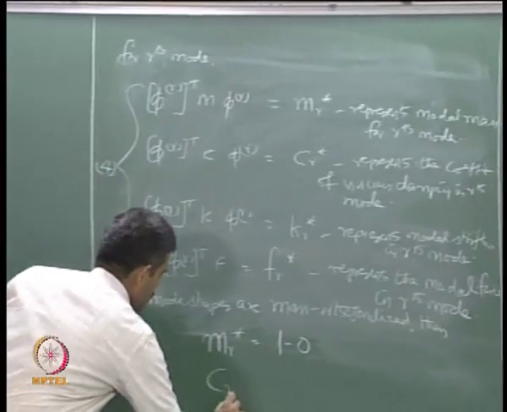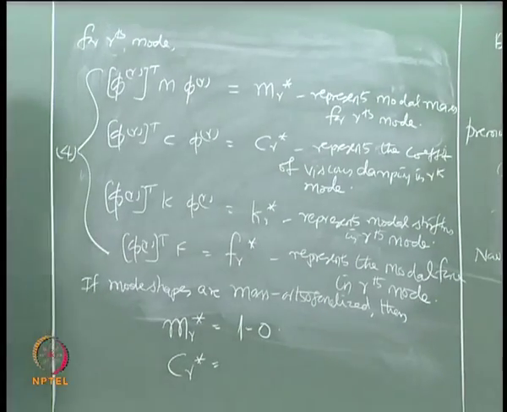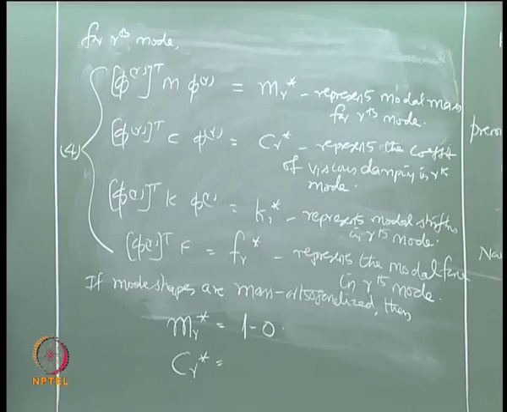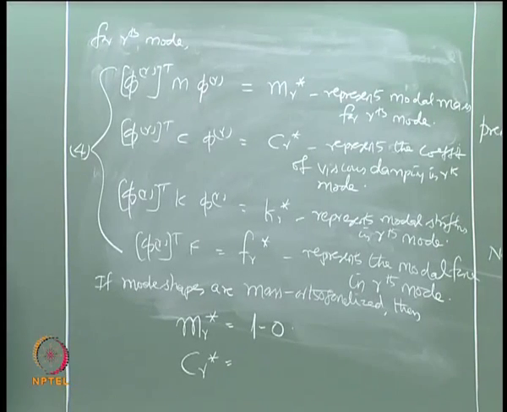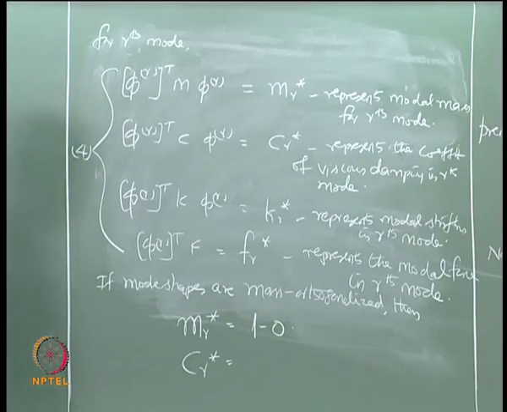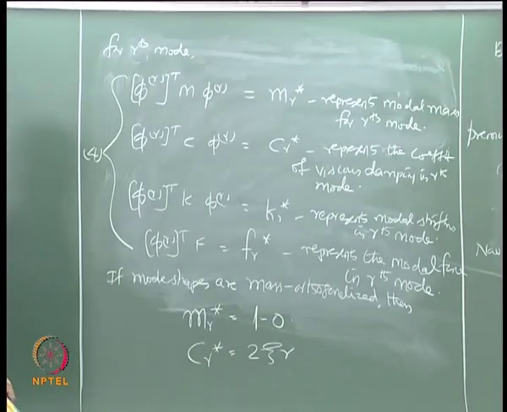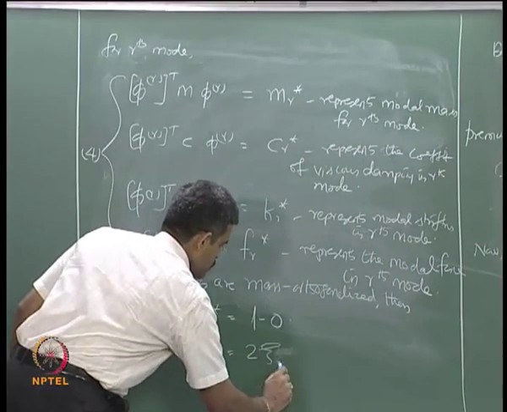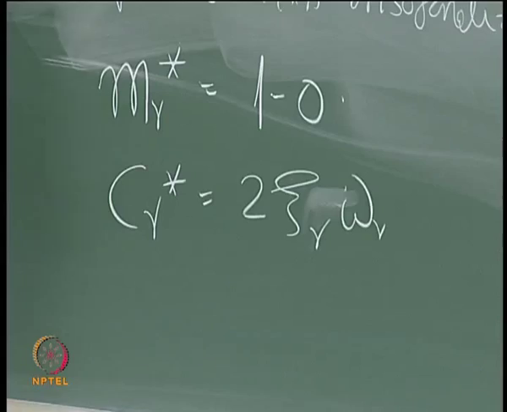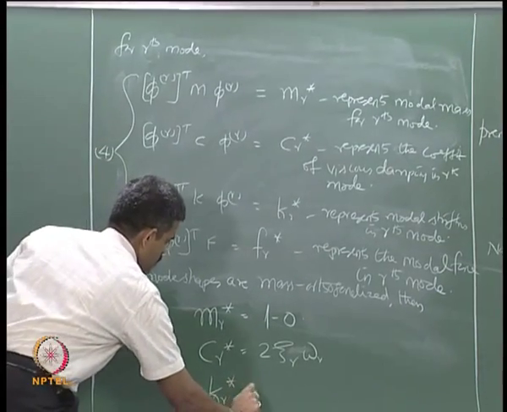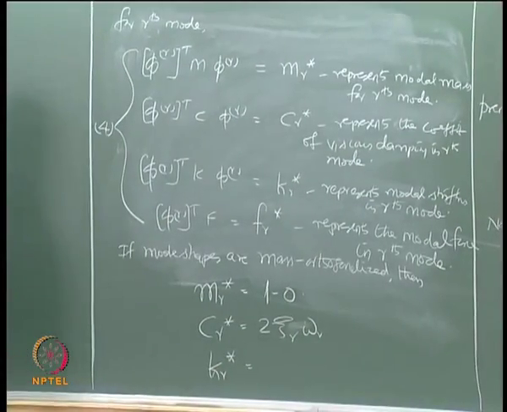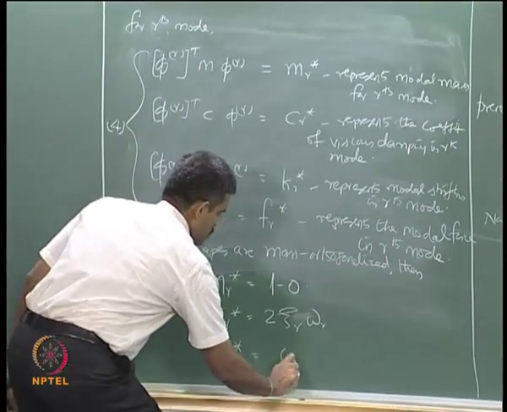C R star, I am expanding C as a ratio of the critical damping, so 2 zeta omega. So this becomes 2 zeta R omega R, and K R star will give you the natural frequencies, is it not?